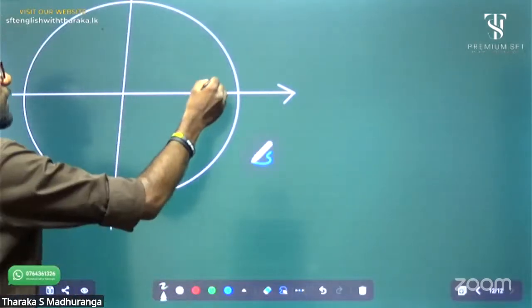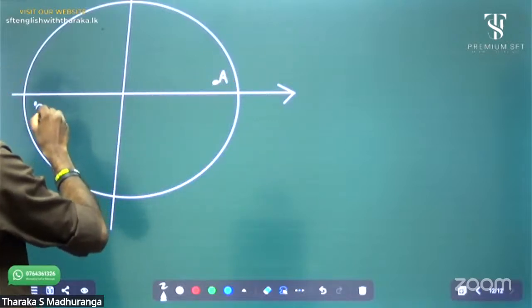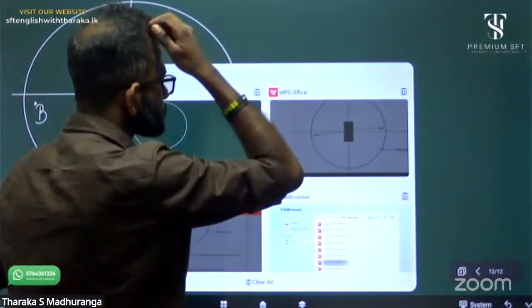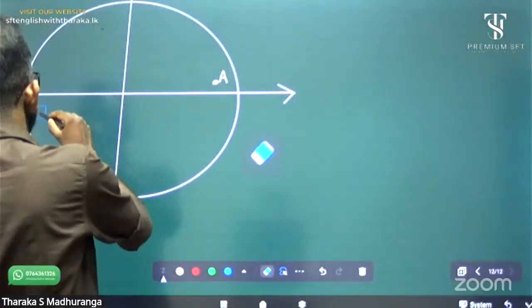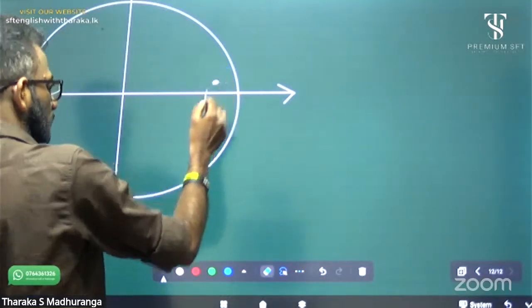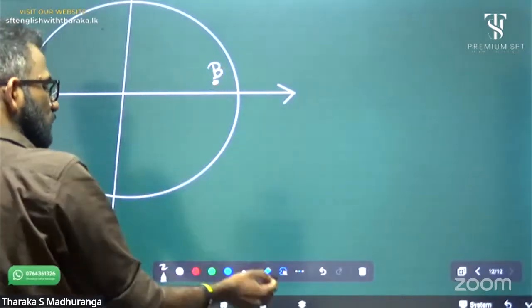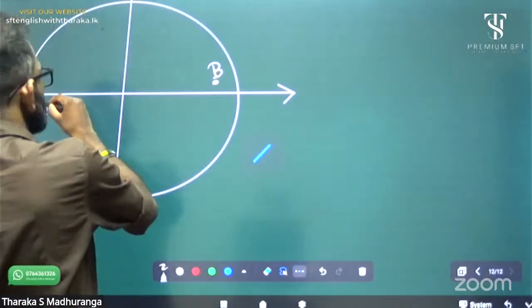This is A, this is B. Sorry, A and B need to be changed. A and B, this is a straight line now.